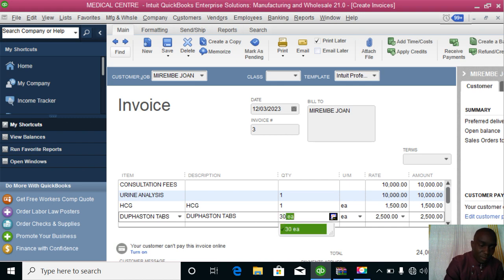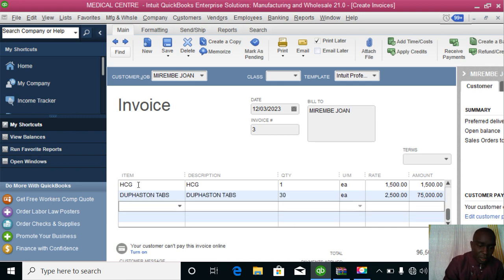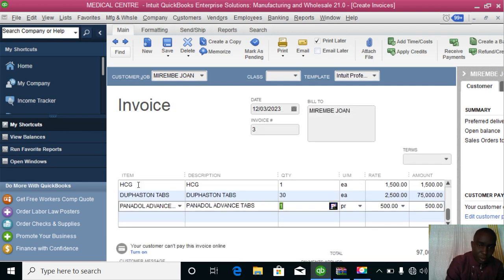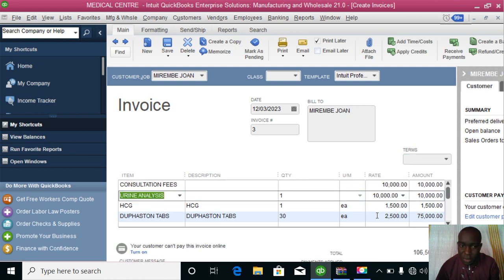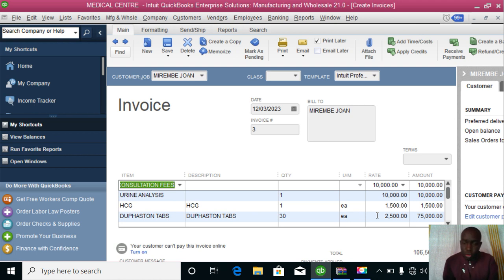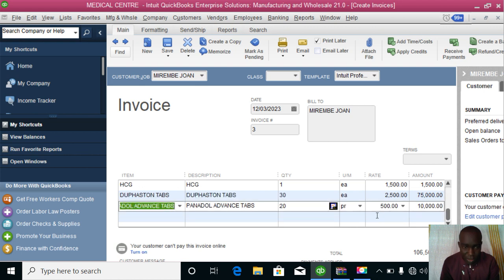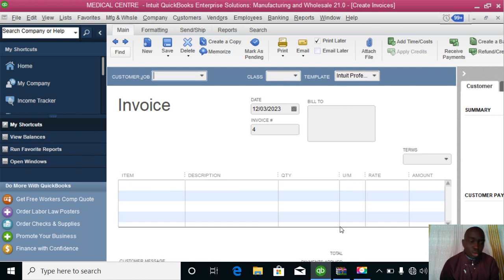She was given 30 of them, and Panadol 20. So the total bill for Joan is 106,500. That's Joan Mirembe. If Joan would want to know how my bill became this, the explanation is simple. Consultation is there, the lab tests followed, then the drugs followed. So Joan is also saved.